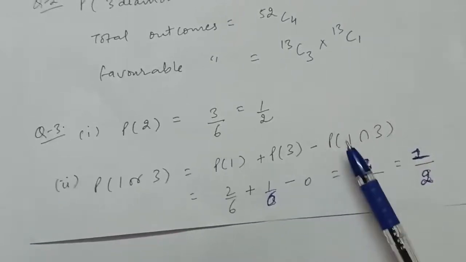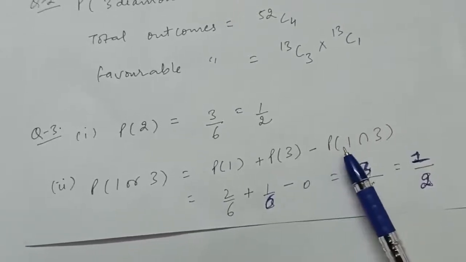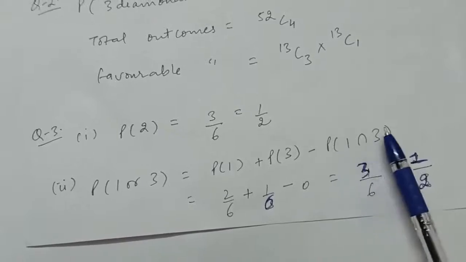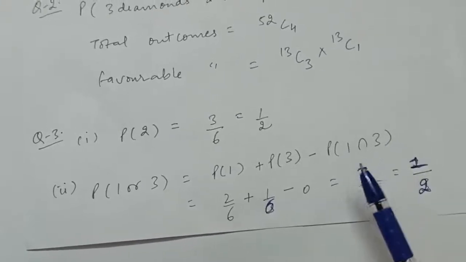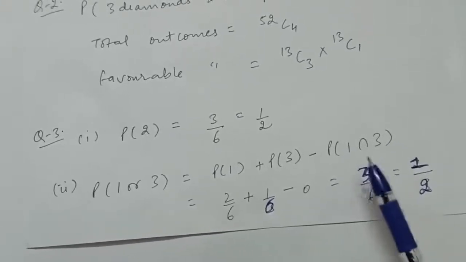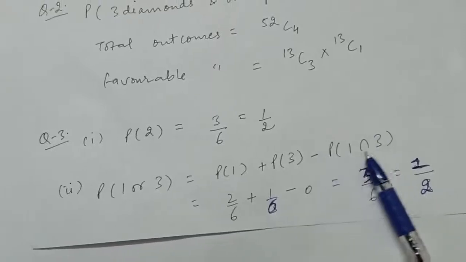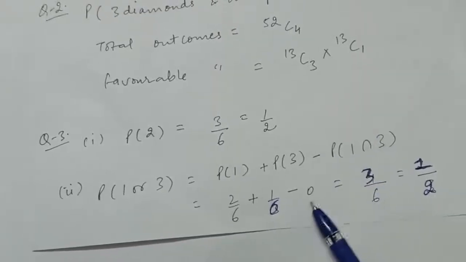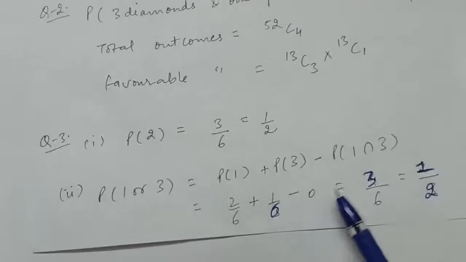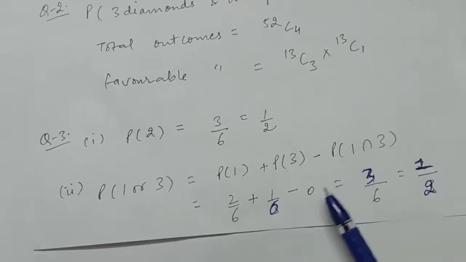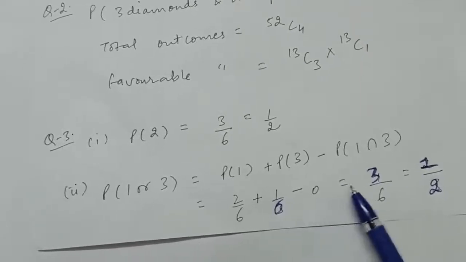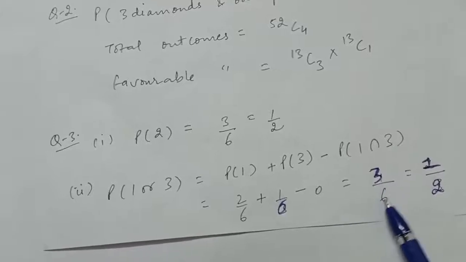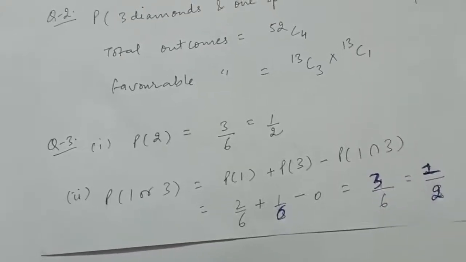Minus 0. Why 0? Because there is no face on which 1 is also there and 3 is also there, because each face includes only one number. Therefore this probability of 1 intersection 3 is 0, because there is no outcome in which 1 and 3 appear together, right? Therefore the answer will be 3 by 6, that is 1 by 2.